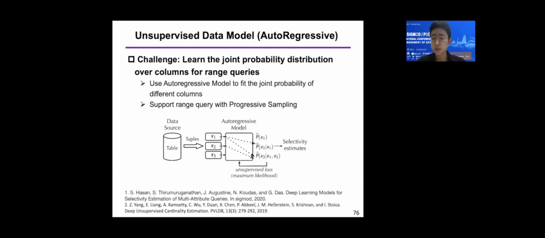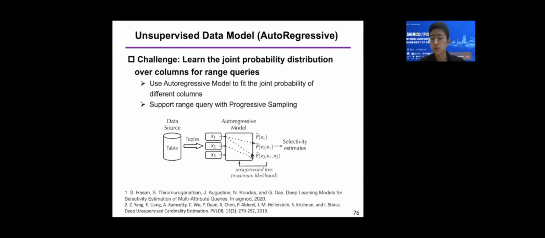However, to learn the joint probability distribution over all the columns and efficiently support cardinality estimation for range queries, Yang has proposed to use the autoregressive density model to represent the joint data distribution among columns. The model returns a list of conditional densities present in the chain rule with an input tuple.